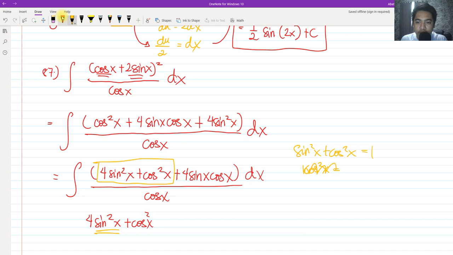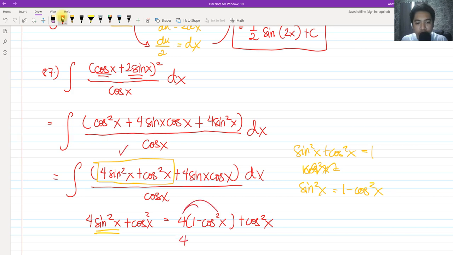I'm going to isolate sine squared of x, so we have sine squared of x equals 1 minus cosine squared of x. If I'm going to substitute that, we have 4 times 1 minus cosine squared of x, plus cosine squared of x. Okay, this term.